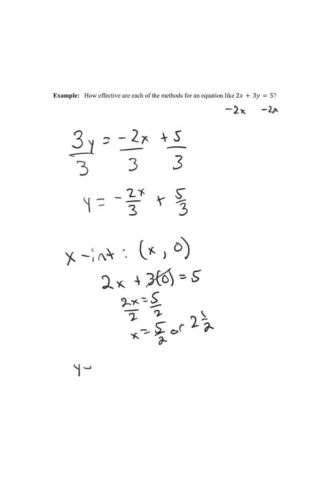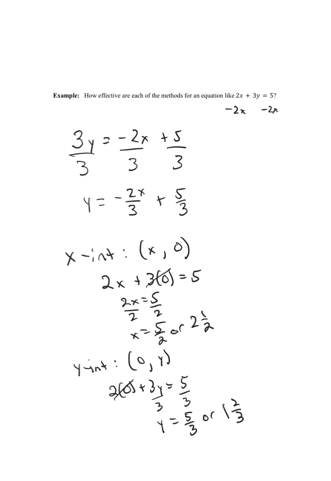Okay, so again, not whole numbers, but 5/2, 2.5, is not too bad to work with. Now the y-intercept: remember, when you're on the y-axis, that means x is 0. So this time that would be 2 times 0 plus 3y equals 5. Divide both sides by 3 and you get y equals 5/3, or 1 2/3.